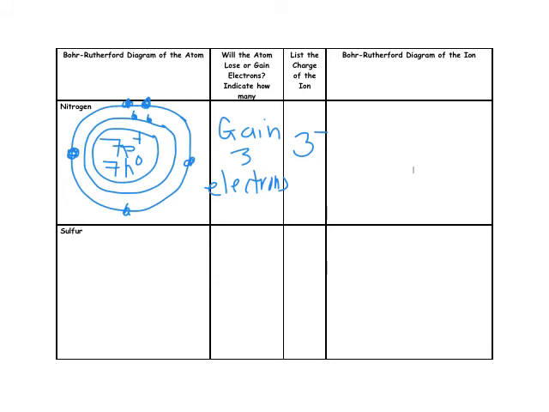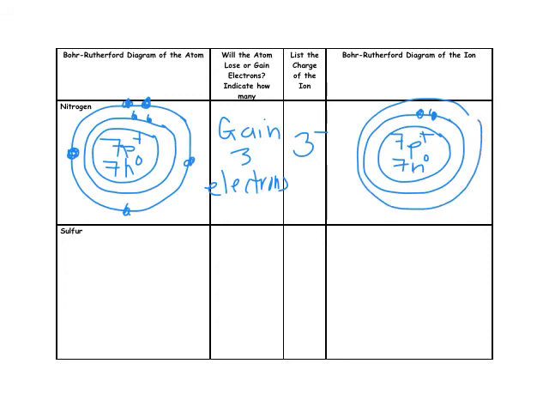When we draw the Bohr-Rutherford diagram, we're going to keep the nucleus the same. The first shell is the same. The second shell has our original 5 electrons, but now notice this shell has gained an extra 3 electrons.